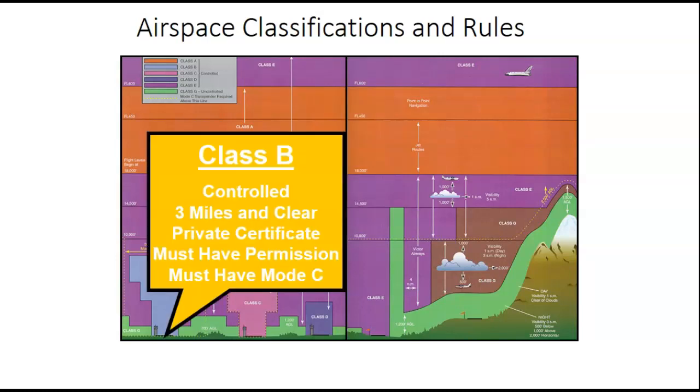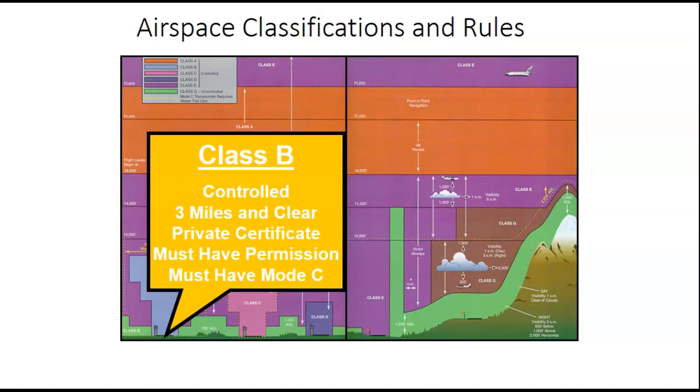Class Bravo airspace is around very large airports, usually commercial airports that have a control tower, so they are controlled. Visibility requirements are a little less stringent: 3 statute miles visibility, and all you need to do is stay clear of clouds, so there's no distance required from clouds.